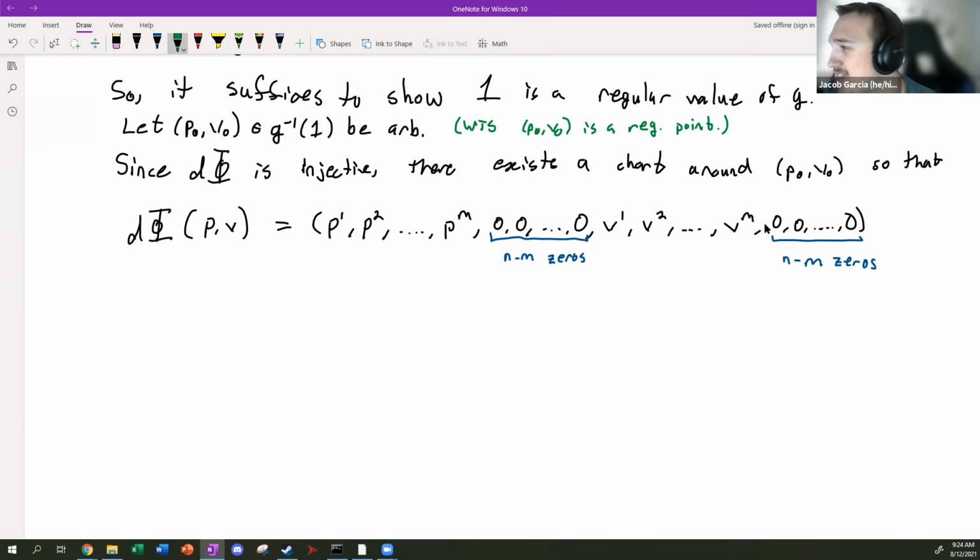This is the embedding level set theorem, or the embedding local chart theorem, or I don't know, there's a theorem that does exactly this, that says embeddings locally look like just projection onto the first m coordinates.